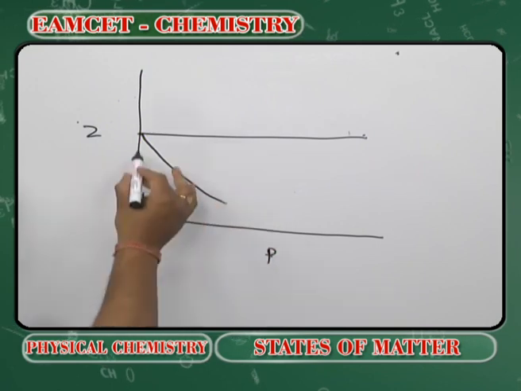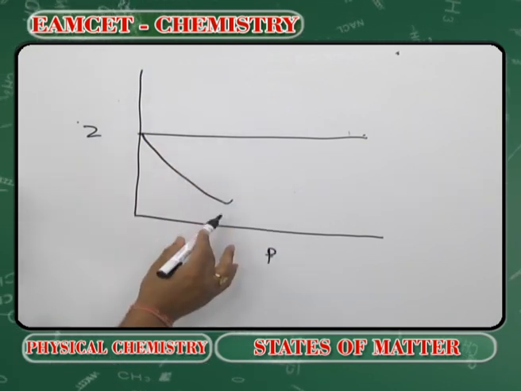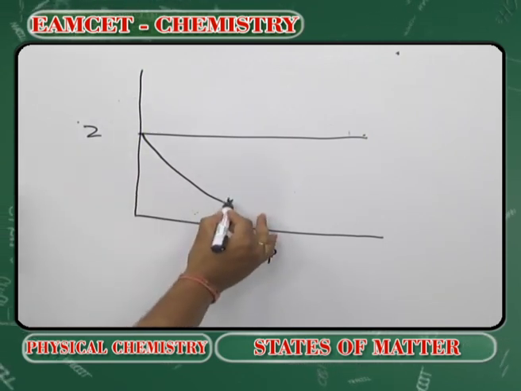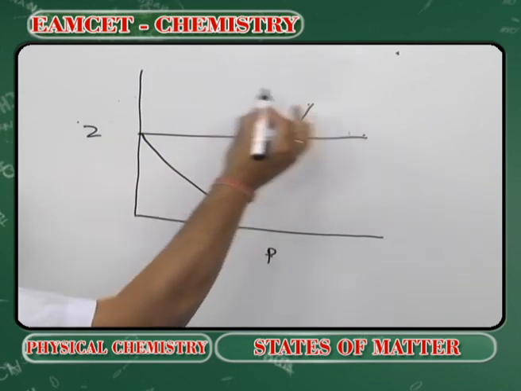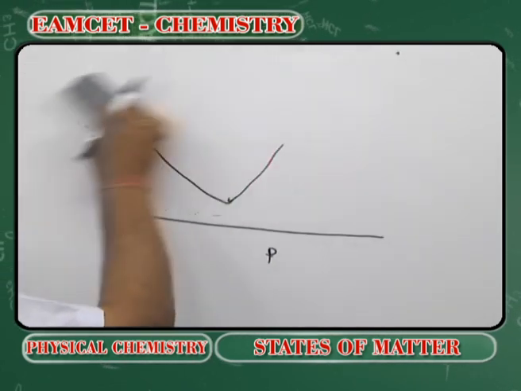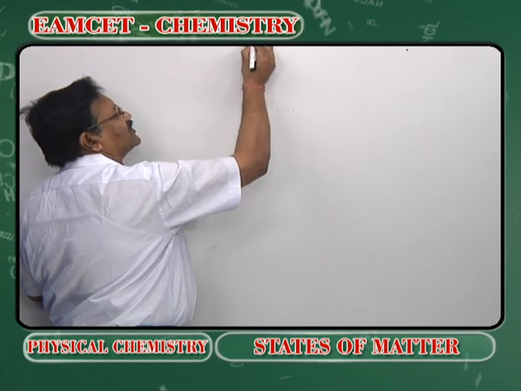As pressure increases, compressibility factor will decrease and reaches a minimum value, thereafter it starts rising. So we have to know the reasons for that. At moderate pressures, why is it happening?